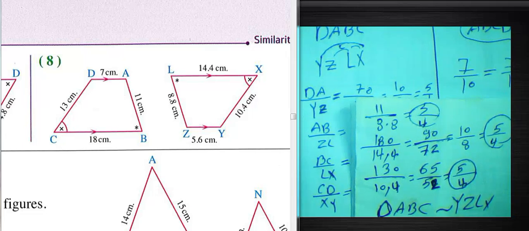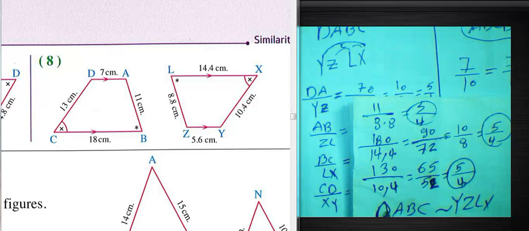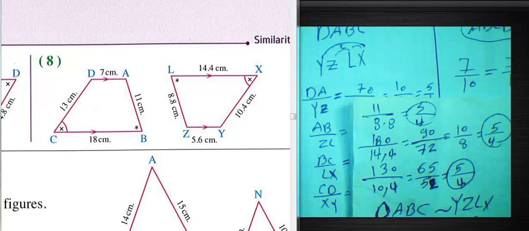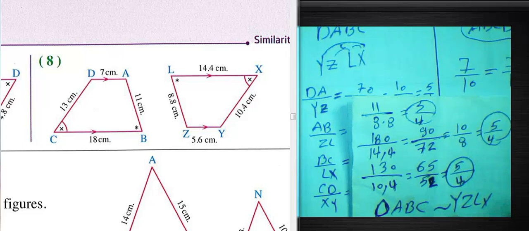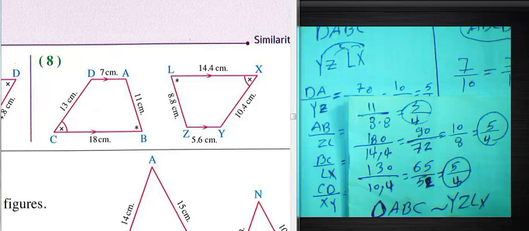We have proportion between the corresponding sides. So trapezium DABC is similar to YZLX. We have similarity between two polygons because each angle is equal in measure.